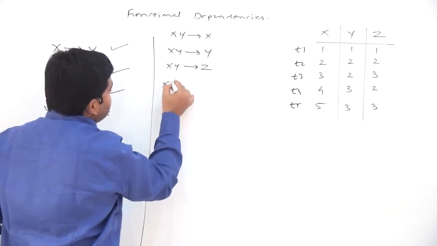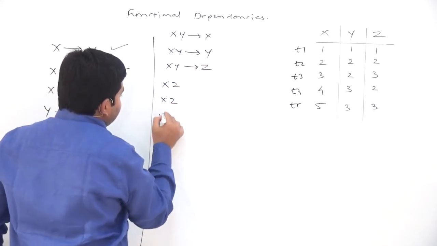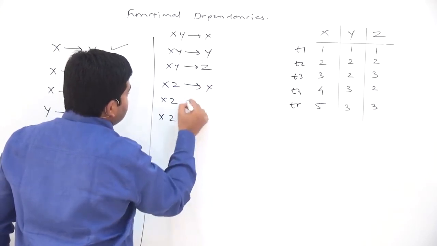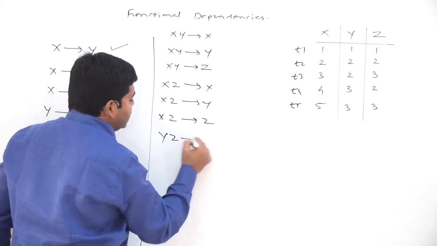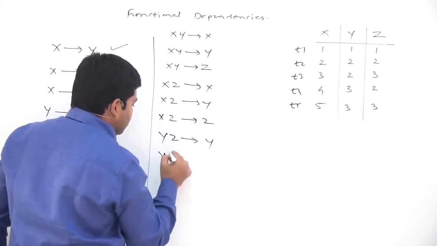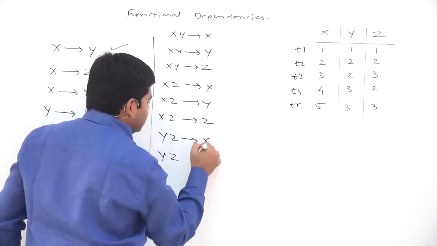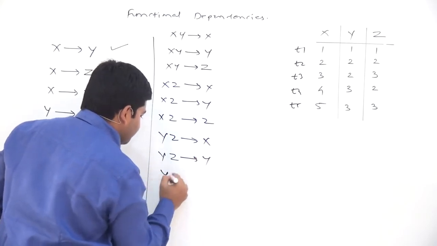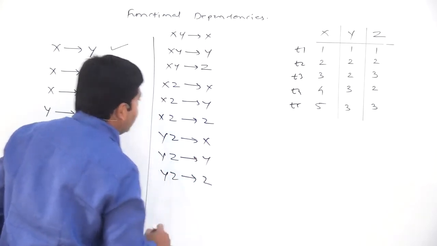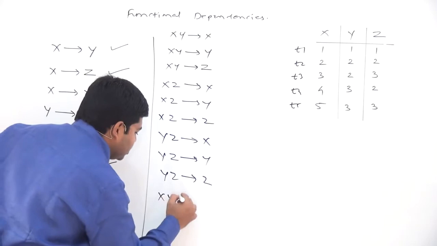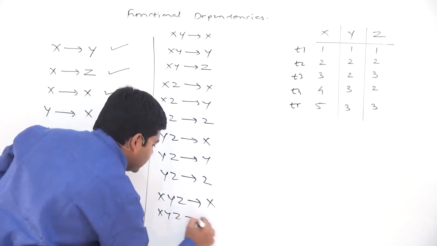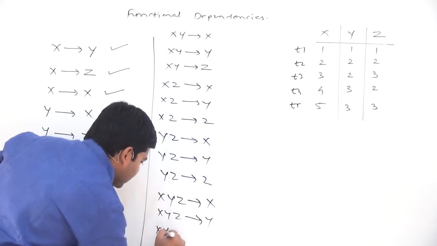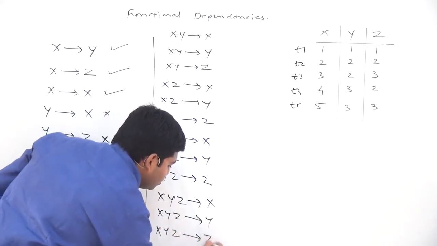Then we will check xz gives x, gives y, gives z, and then we will check yz gives x, yz gives y, and yz gives z, and finally we will check xyz gives x, xyz gives y, and xyz gives z.